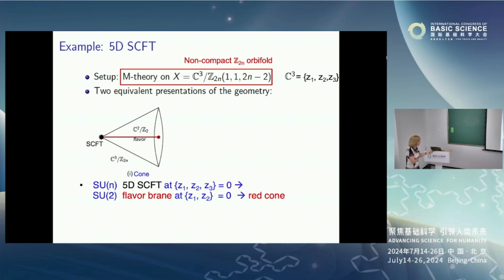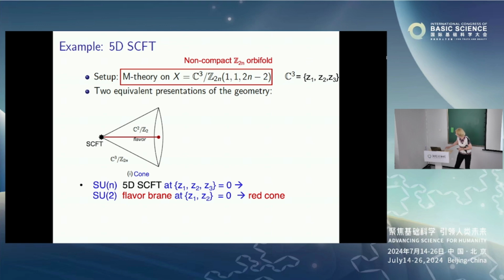And then we also have a flavor brane wrapping this non-compact codimension 1 cycle, an example where this flavor brane is extended all the way to infinity on a non-compact cycle and is associated with SU(2) symmetry.